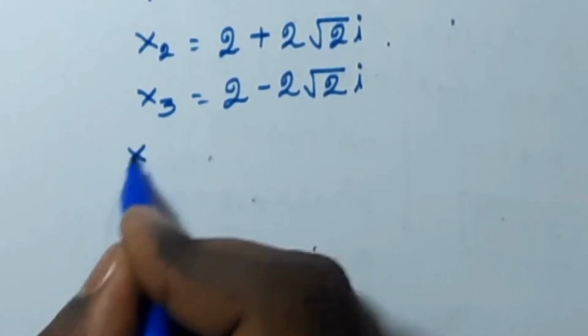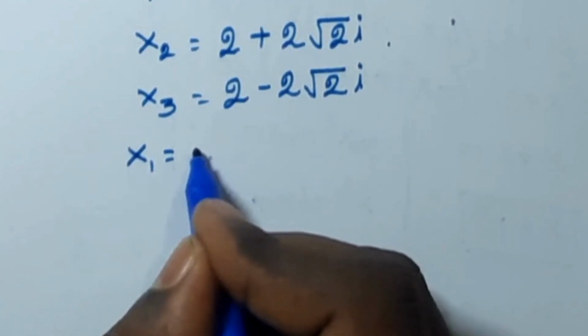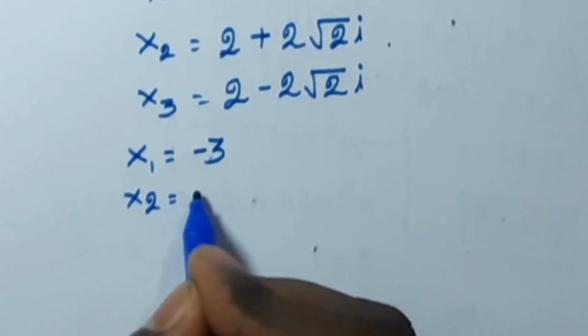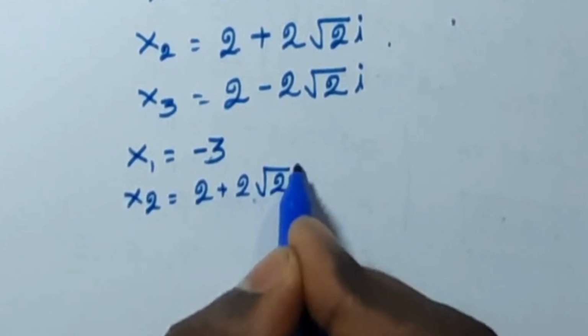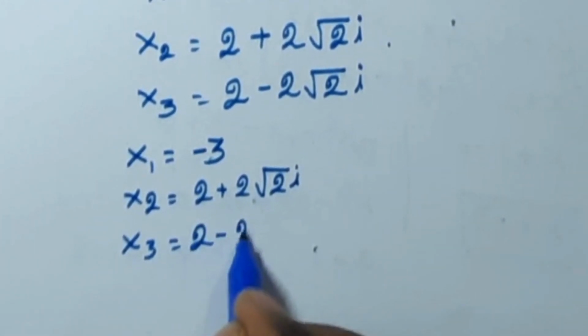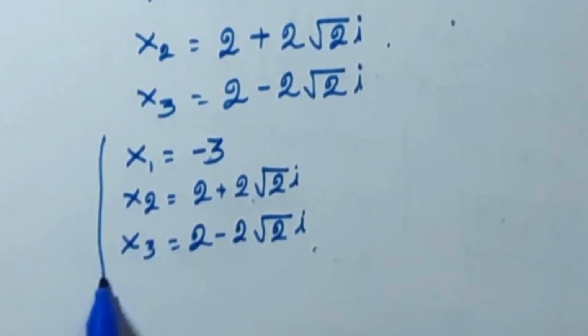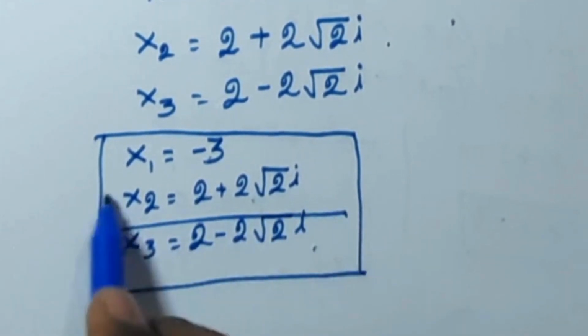We have x1 equal to minus 3, x2 equal to 2 plus 2 square root of 2i, x3 equal to 2 minus 2 square root of 2i. This is the value.